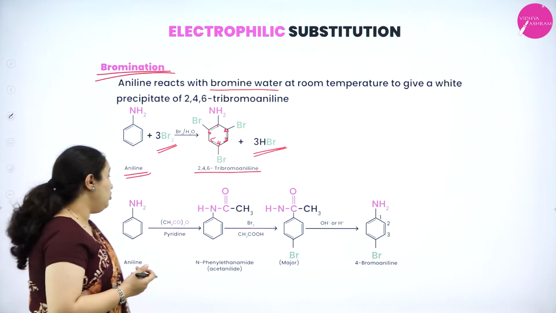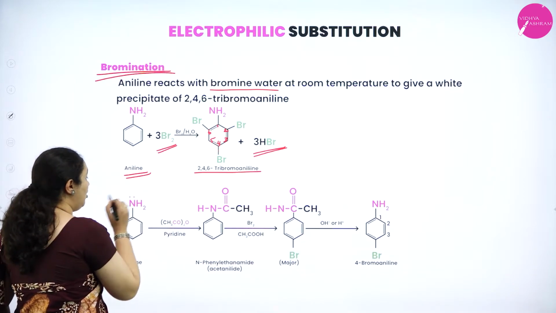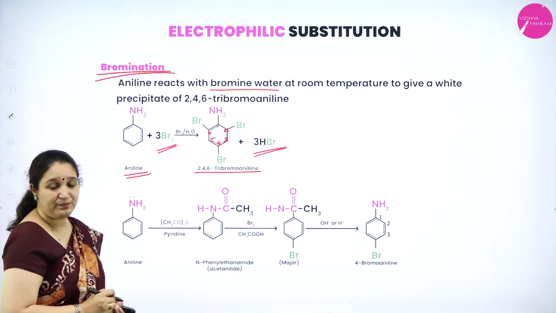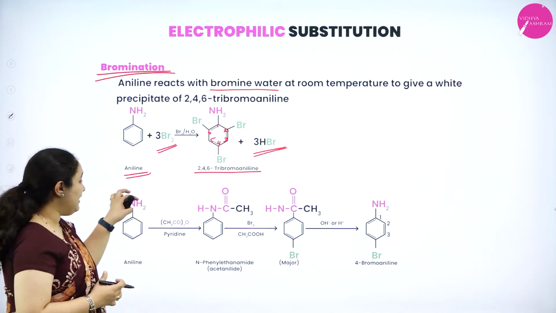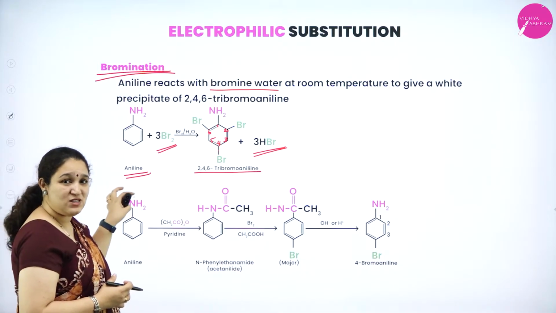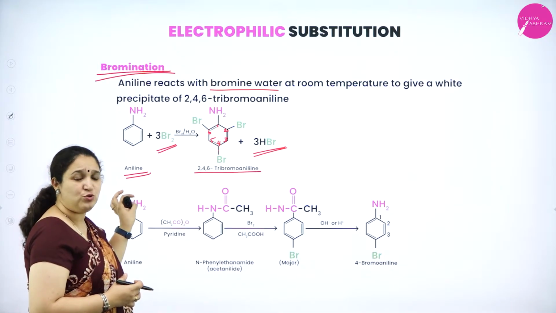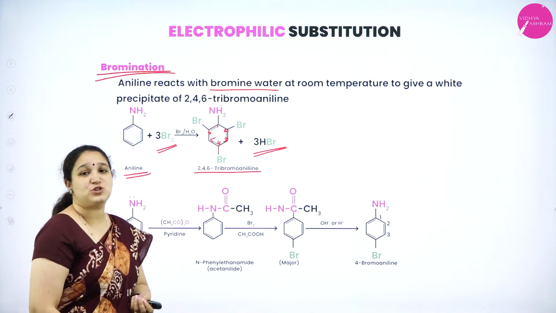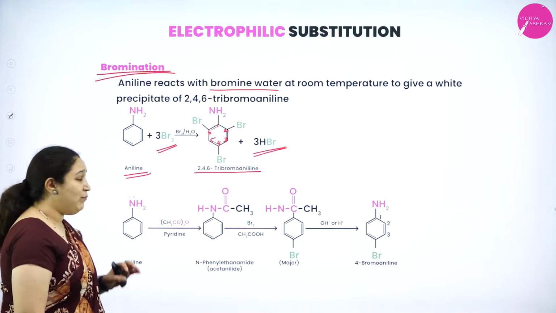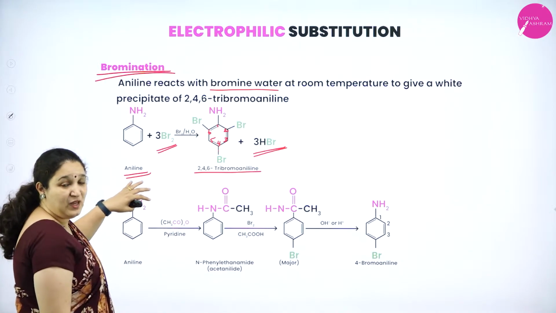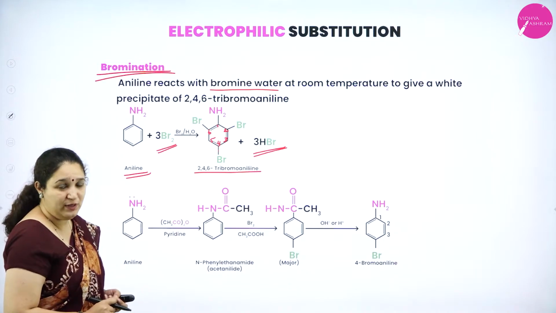See, the NH2 group of aniline has a lone pair of electrons on nitrogen, and thus it is a very reactive group. Due to the presence of the free NH2 group, substitution happens at all three positions. So if we make this NH2 group less reactive by protecting it, you can get mono-substituted products.